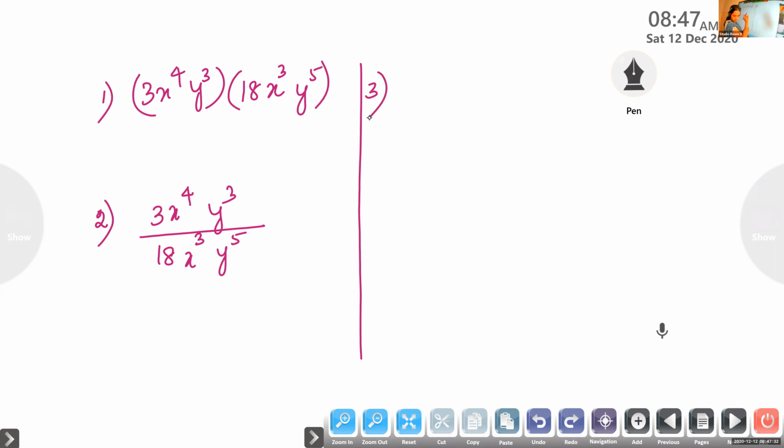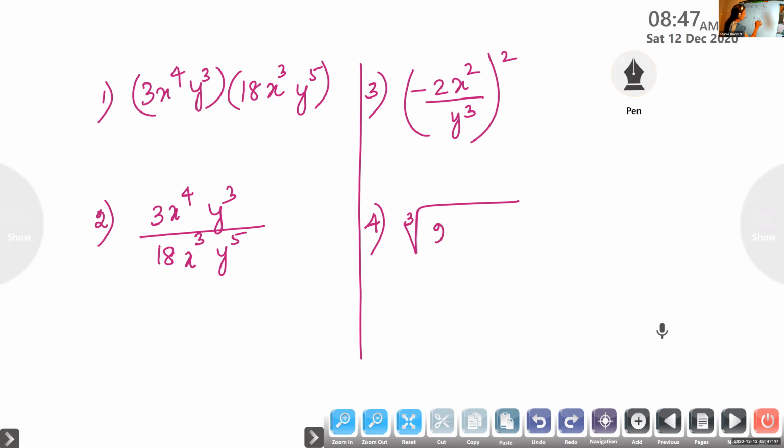Third one, (minus 2x square by y cube) the whole square. Fourth one. We are going to do these questions.